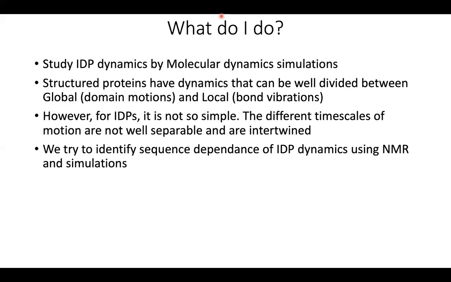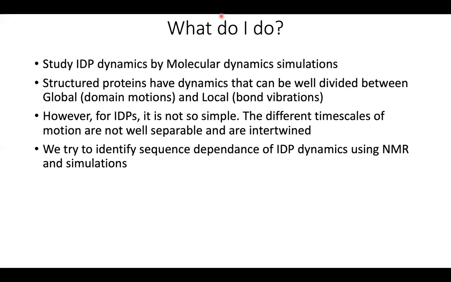So are you looking to find out what features of an amino acid promote certain characteristics of IDP dynamics? Yes. So first of all, we start with the NMR relaxation. You must know that NMR can give transverse and longitudinal relaxations.